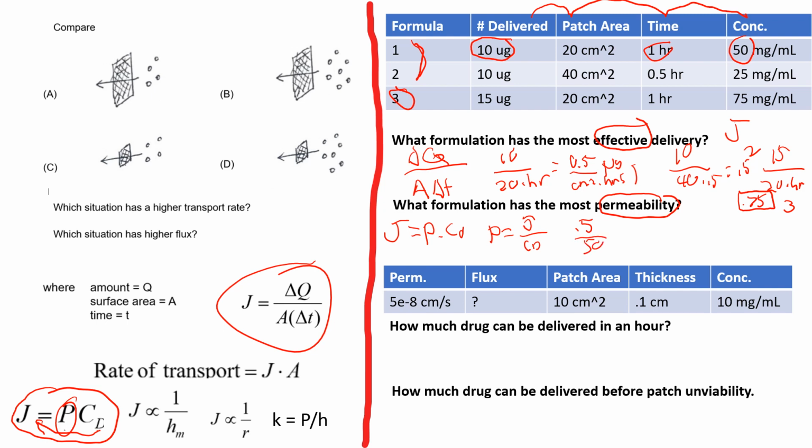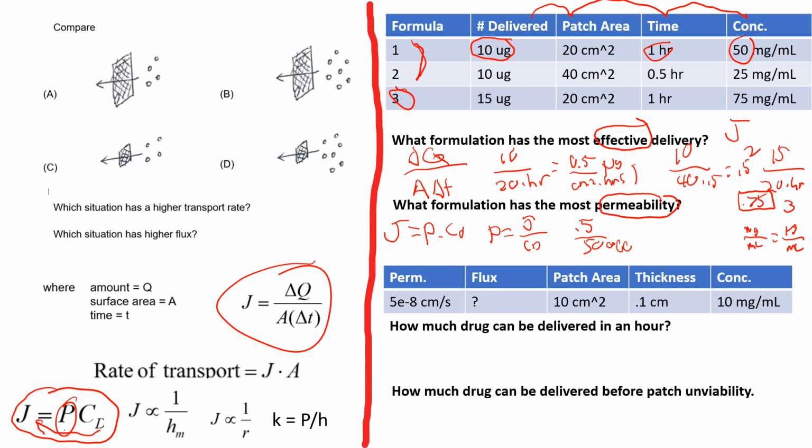And here's where it gets kind of weird, since this is only asking for the most permeability, I guess we don't need to do this for this problem technically, but we should. We should convert milligrams per milliliter into micrograms per milliliter. 1,000 micrograms in a milligram. So this is really 50,000 micrograms in the denominator here.